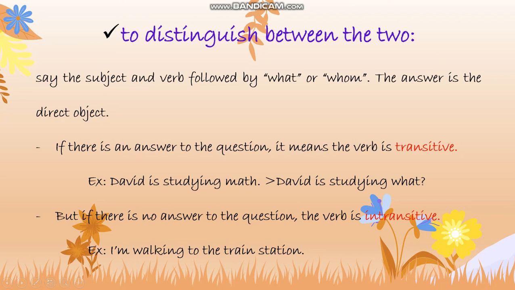Then if you ask the question, I'm walking what or I'm walking whom? This is an intransitive verb which needs no object. The answer to whom or what is none. And the phrase from to station here is just a prepositional phrase which tells us where I'm walking to. It's just a place, not a noun phrase or pronoun which directly receives the action of the word walk.